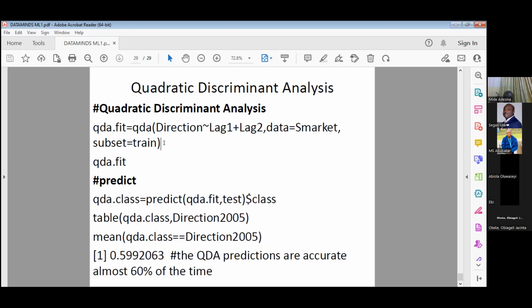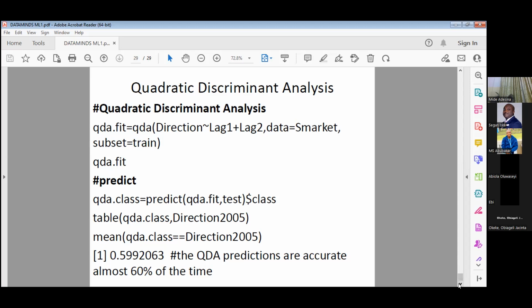Then we fit that, and we are going to obtain our fit, which is a replica of what we have before, with something like the coefficients. Then we predict. This function helps us to determine the accuracy of our model.